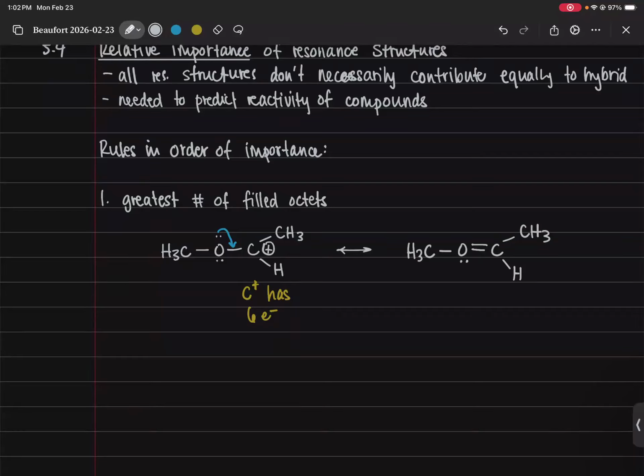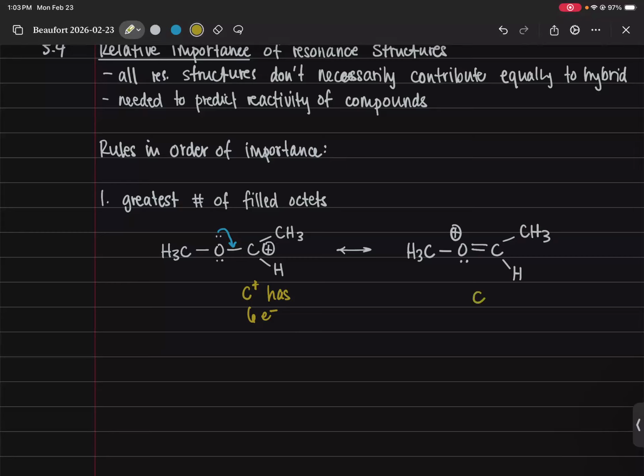The carbon no longer has a formal charge, but the oxygen does. The oxygen is going to have a positive charge. And then for our octet, great.